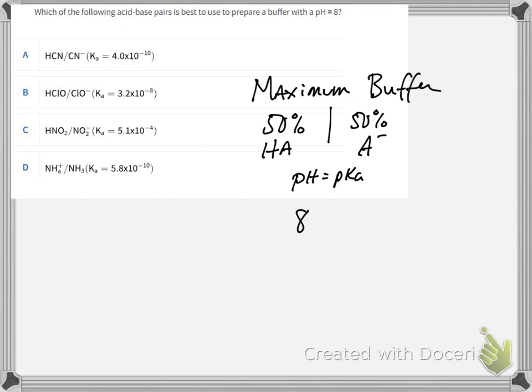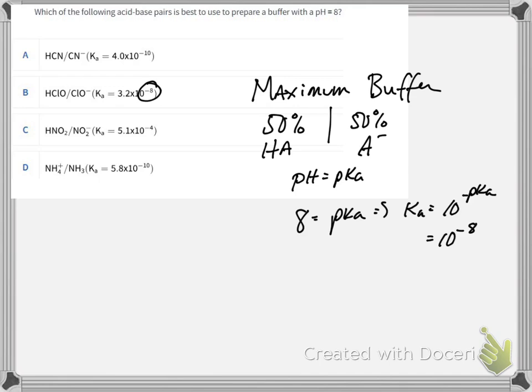But if it is 50% weak acid and 50% weak base, under those conditions, pH equals pKa. So what we're really looking for is which one of these systems has a pKa of 8 or a Ka of 10 to the minus 8. And when we look at these systems, we see that ClO minus HClO has this behavior.